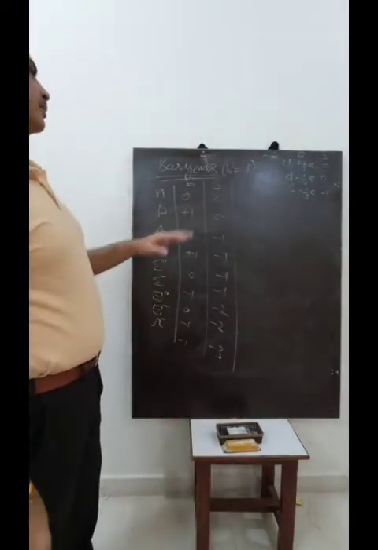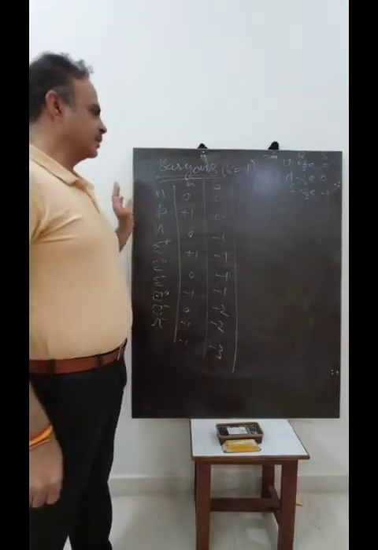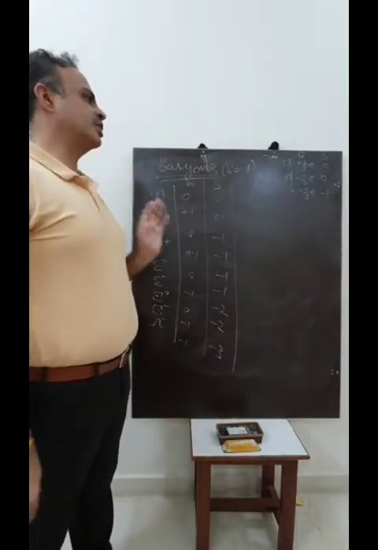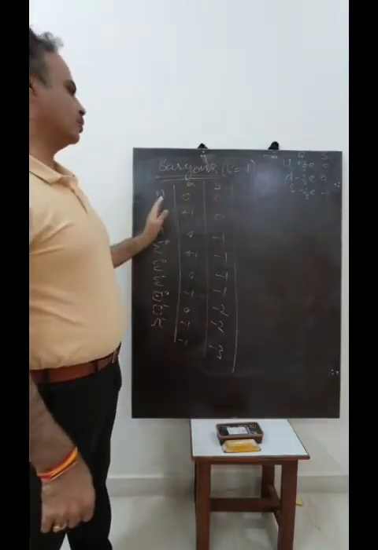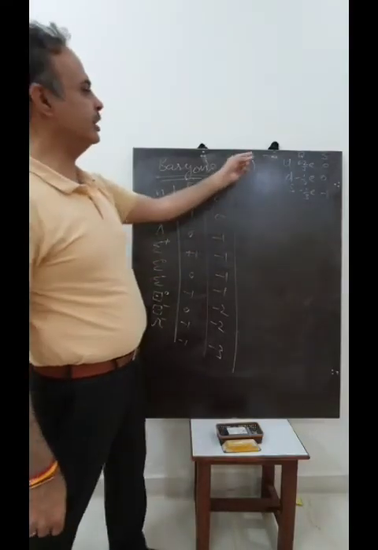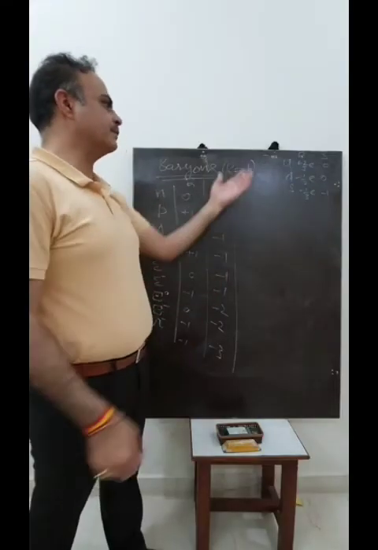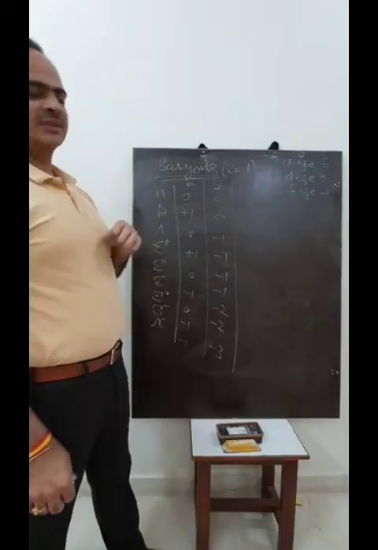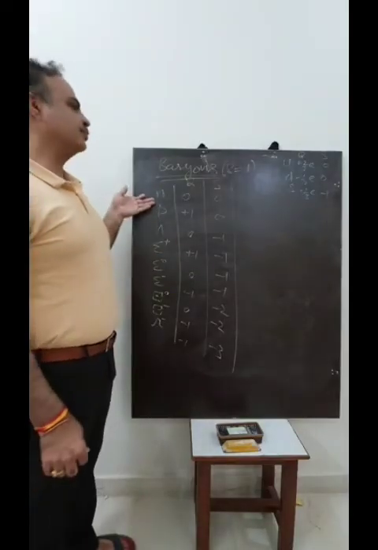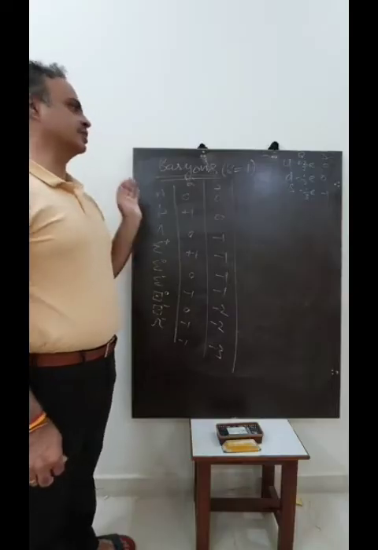Because neutron and proton both have 0 strangeness, it means S will not be there in neutron and proton. So it is only made up of U and D. So what should be the combination of U and D in the formation of neutron or proton? In the case of neutron, I have to make charge 0.